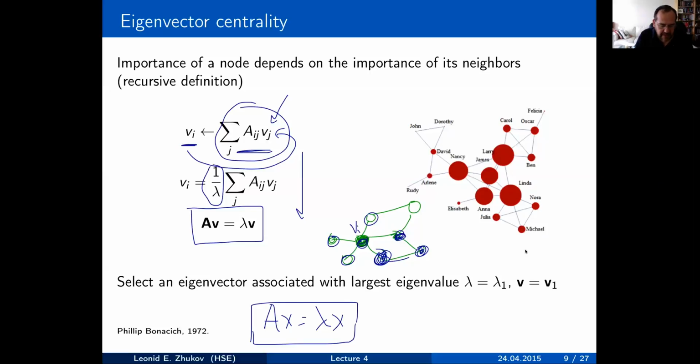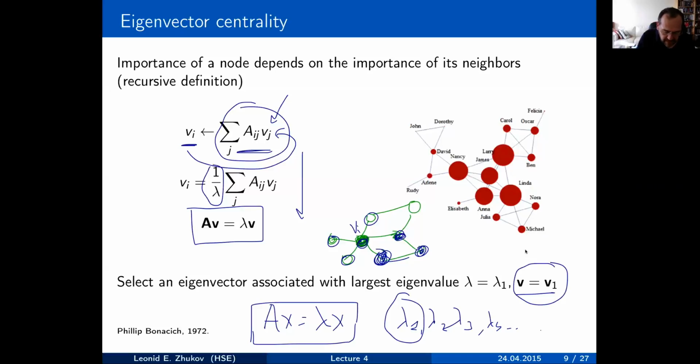And so as a result, if you solve this equation, you get a bunch of eigenvalues, lambda 1, lambda 2, lambda 3, lambda 4, if you remember linear algebra a little bit. And you have eigenvectors that correspond to those eigenvalues. So the idea of this eigenvector centrality is the following. We choose the eigenvalue number 1, which is the largest one, and we take the eigenvector that corresponds to this eigenvalue.